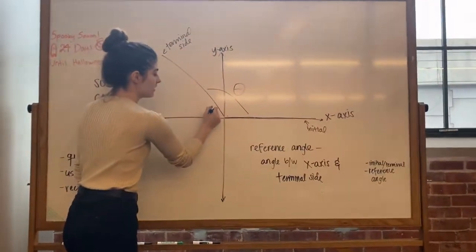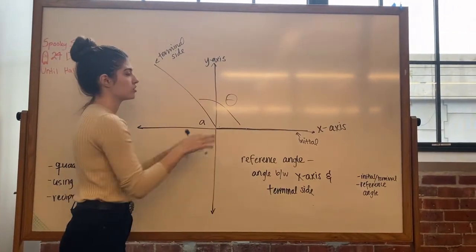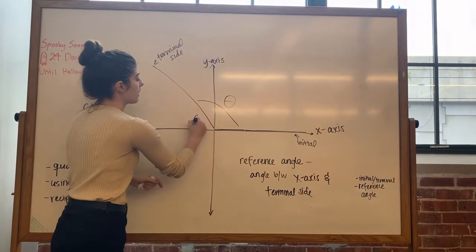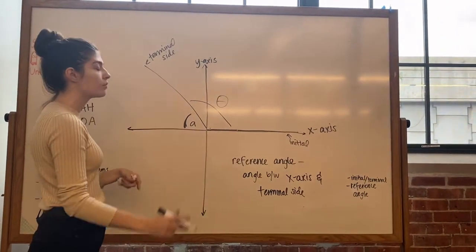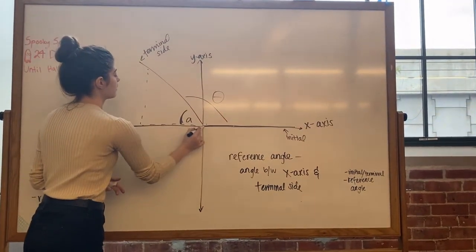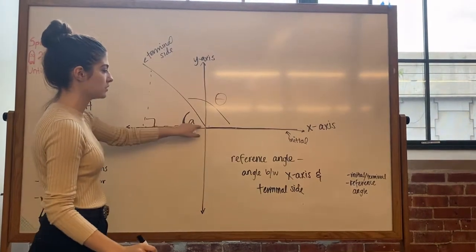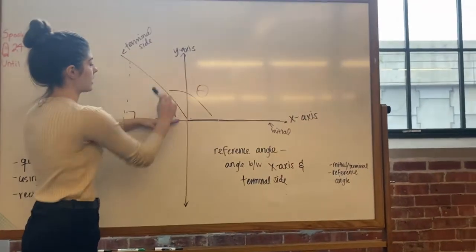But this right here, I'm calling it A for now, just so that we don't get confused. This angle right here, that's our reference angle. So when we make our little right triangles like this, it is the angle we're going to use based off of the origin. It's the angle between the x-axis and the terminal side.